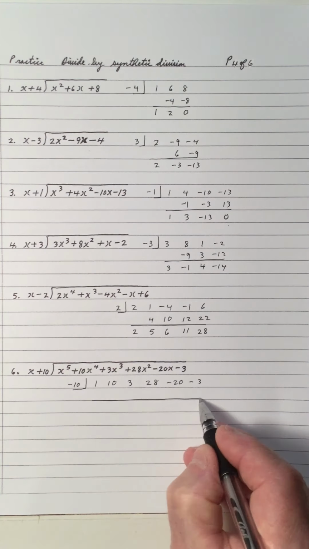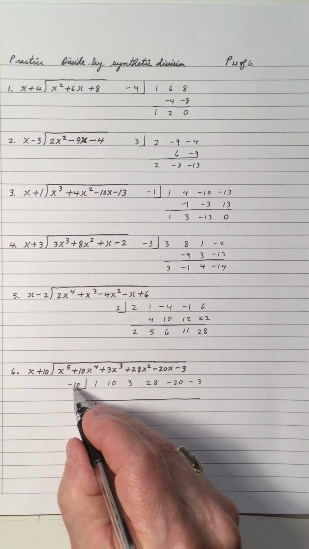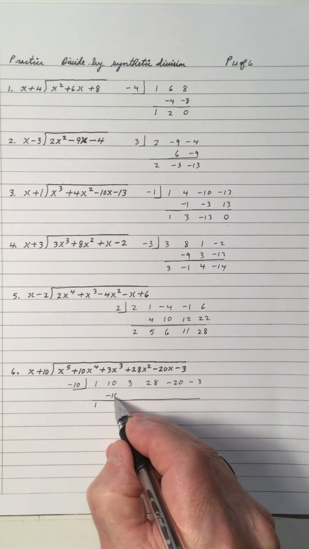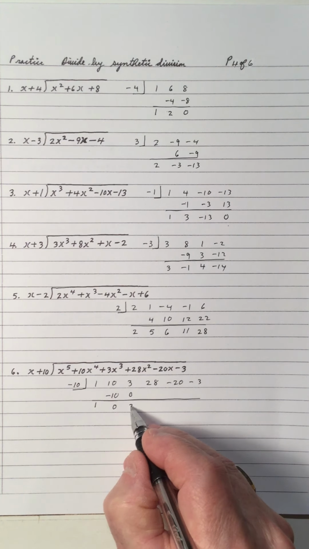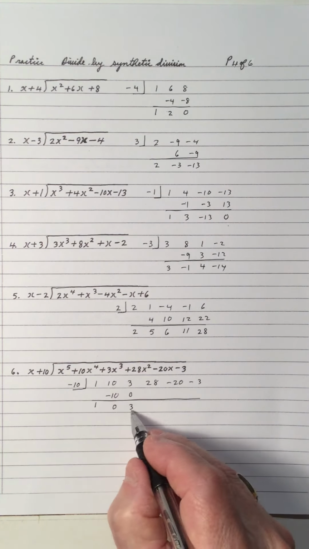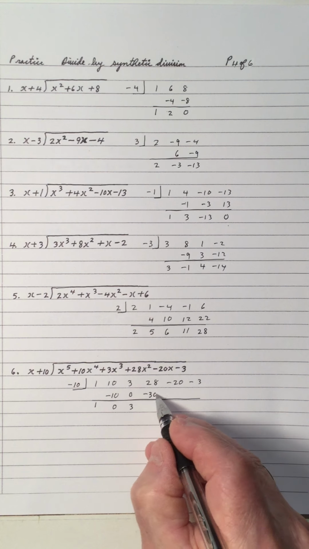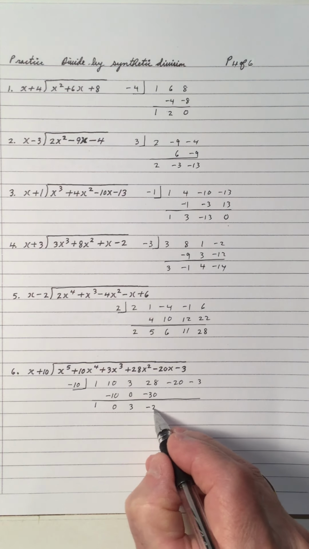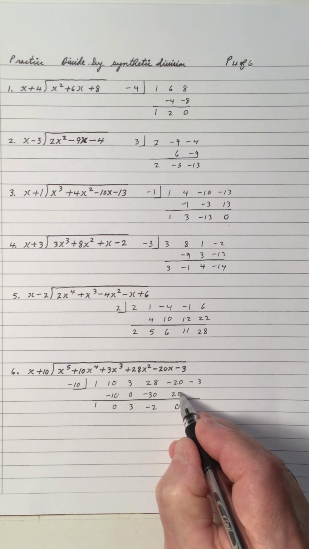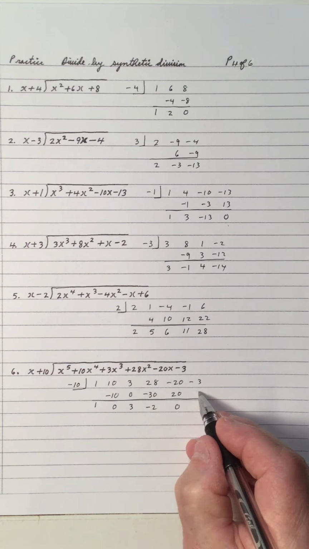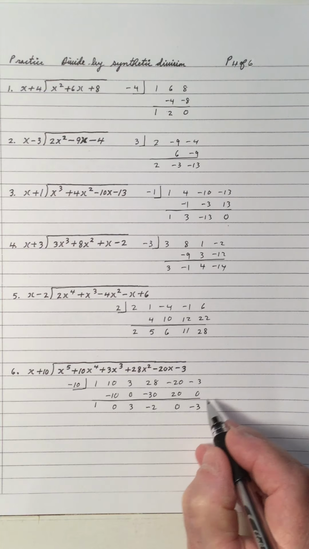Draw a line, bring down your 1. Negative 10 times 1, negative 10, add 10, 0. Negative 10 times 0 is 0. Add 3. Negative 10 times 3, negative 30. Add negative 2. Negative 10 times negative 2 is 20. Gives you 0. Negative 10 times 0 is 0. You get a negative 3.